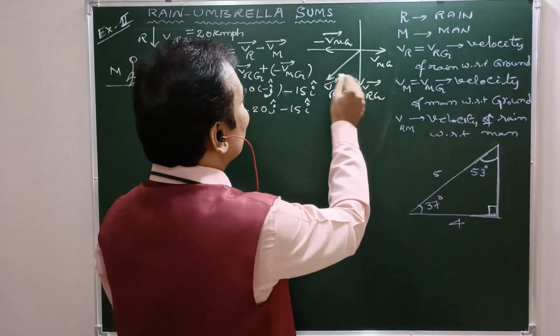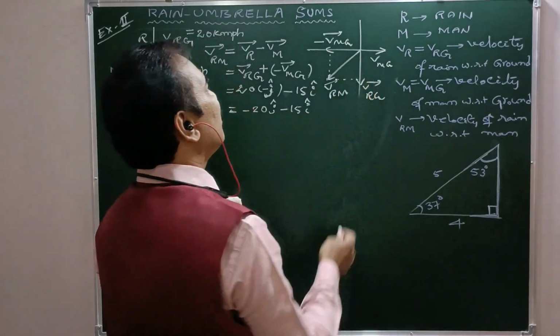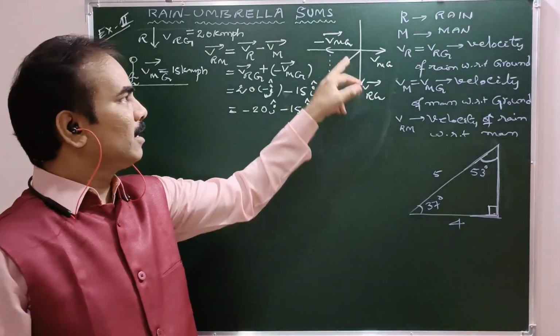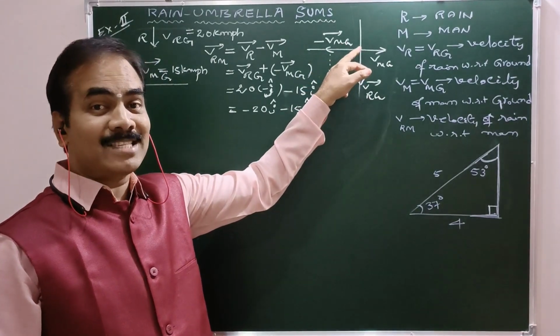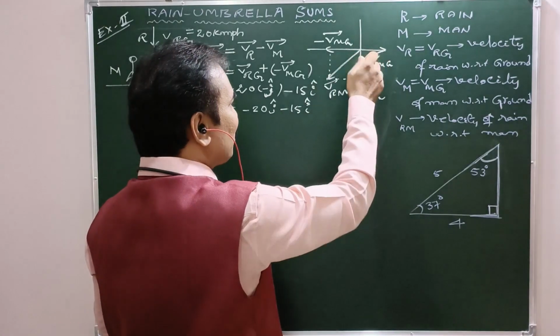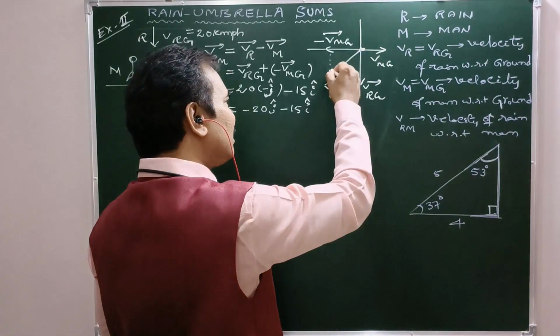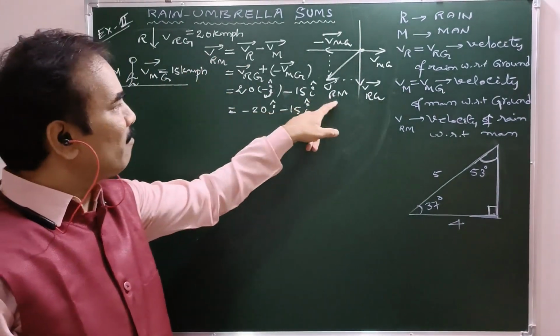So both collectively form this VRM. So if I close the other two sides to have a parallelogram, like that, this is the parallelogram. See, these two are parent vectors which are drawn from the same point and taken as the adjacent sides of a parallelogram. Then the diagonal drawn from the same common point is the resultant. This is the resultant, the relative velocity of rain with respect to man, VRM.